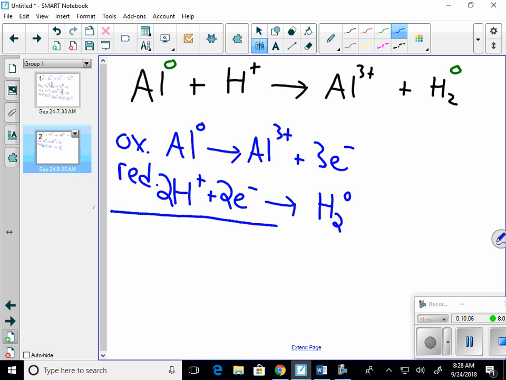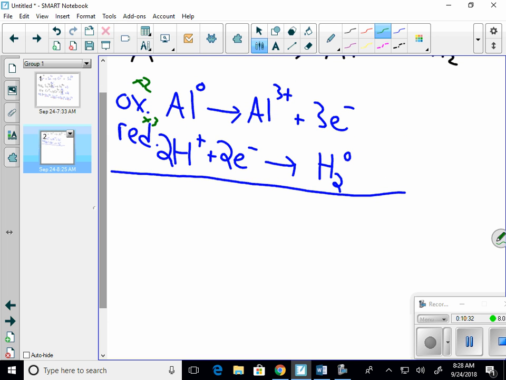And again, if I now combine these two, what should I multiply the oxidation equation by? 2. Reduction, what should I multiply by? Spangler's giving me 3. I don't know if she was actually doing that on purpose or just it's in her head, but it worked.